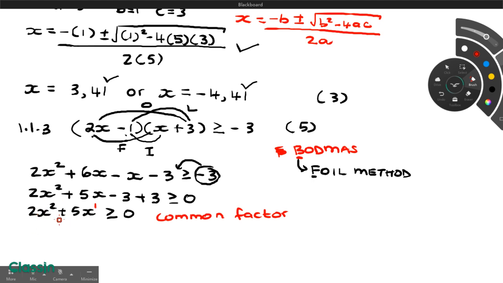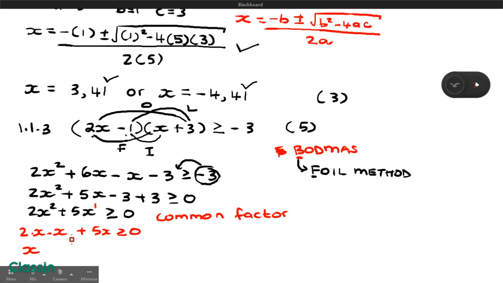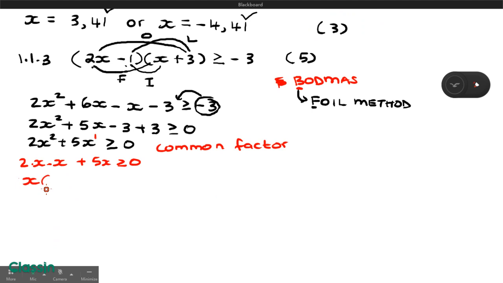Because in essence, it means that we have got 2x, which now they are multiplying. So we are going to take out 1x from each term. So if we have plus 5, it means that if I take out 1x from this term and put it here, I took out 1x.